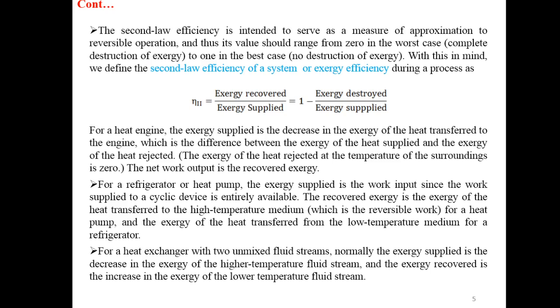With this in mind, we define the second law efficiency of a system, or exergy efficiency, during a process as the ratio of exergy recovered divided by exergy supplied, or we can say 1 minus the ratio of exergy destroyed divided by exergy supplied.